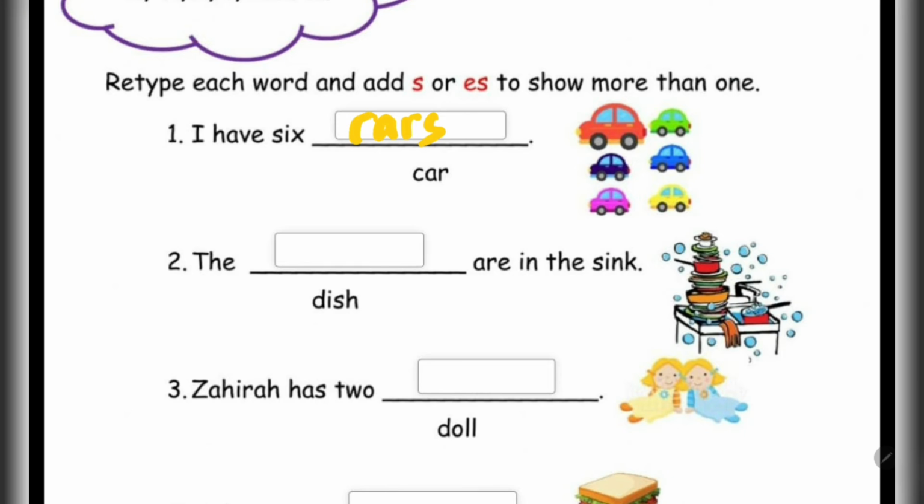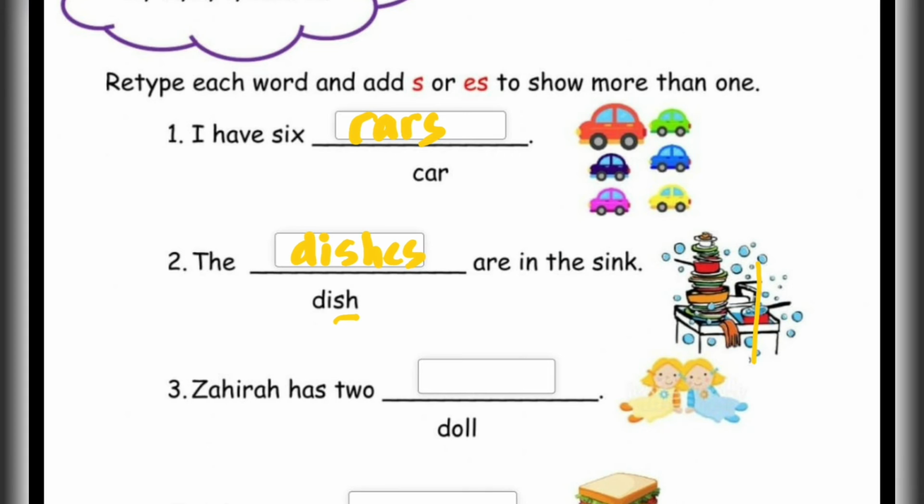Then number 2, the dishes are in the sink. So there are many. Here it's written dish, ending with sh. So the plural word will be dishes. So follow the rules.